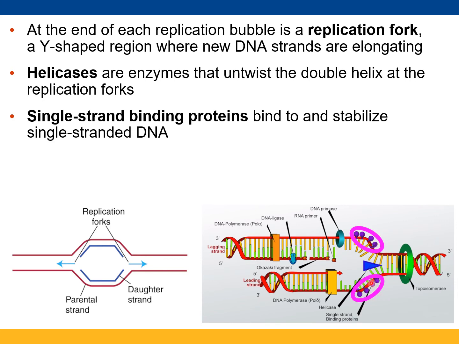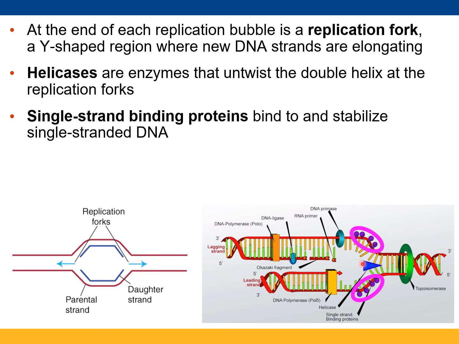There's a set on the leading strand, and there's a set on the lagging strand. You should be able to recognize leading and lagging strand, and I'll work with you on that when we get a chance. It's hard to see here, but in any case, as that helicase separates the DNA, these little SSBs are stabilizing and preventing the DNA from re-annealing behind the helicase.